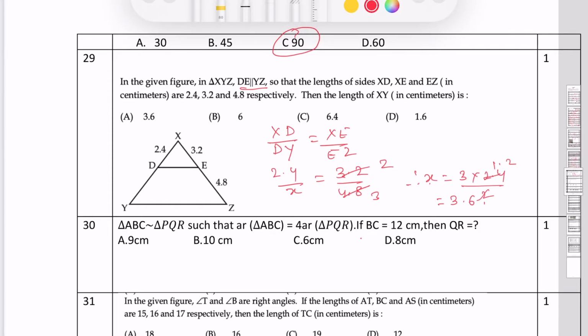The question is to find the value of XY. So XY will be 2.4 plus 3.6, 6 will be the answer.